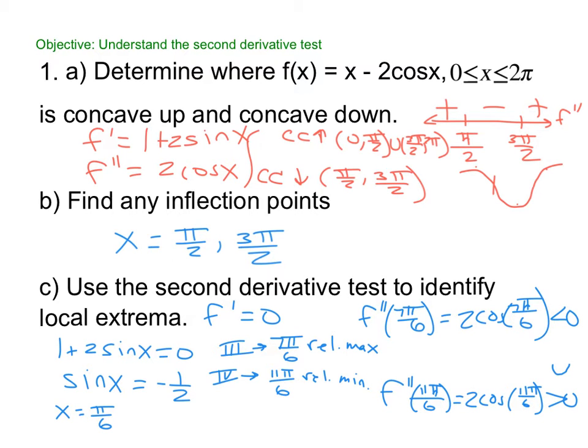And I think that's actually easier doing it this way for this problem than trying to figure out positives and negatives on either side of 1 plus 2 sine x. Okay, what's to the left of 7 pi over 6? What's to the right of 7 pi over 6? I think that's a challenging method. I think with trig functions, it's almost easier to do the second derivative test.